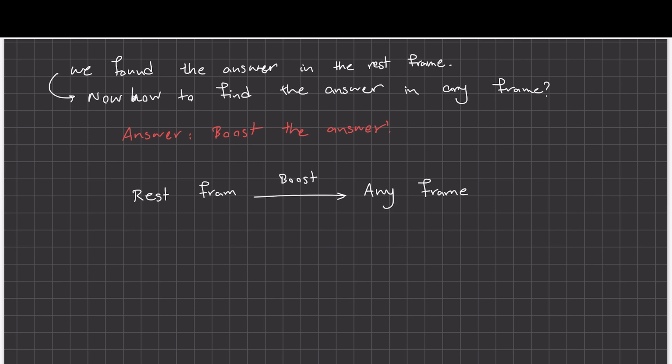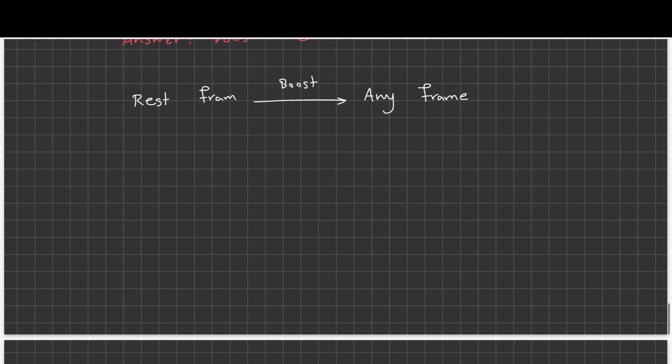Any frame of reference can be labeled with multiple things: a certain momentum, a certain relative speed, and something that we call rapidity. I'm going to talk about rapidity in a little bit, but you're going to see how rapidity is the parameter to label a frame of reference.